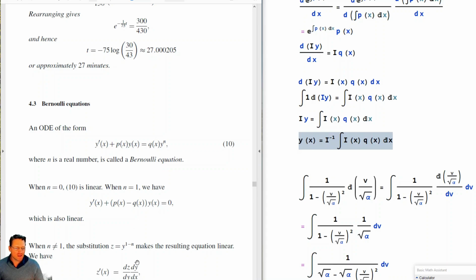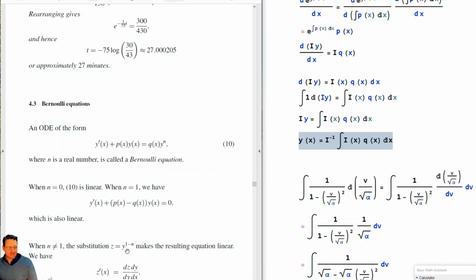Because we can just use the chain rule of differentiation here. So z dash, or dz on dx, is dz on dy times dy on dx by the chain rule of differentiation.